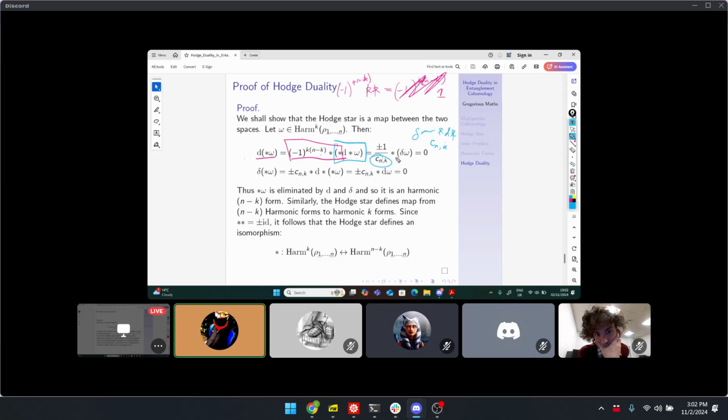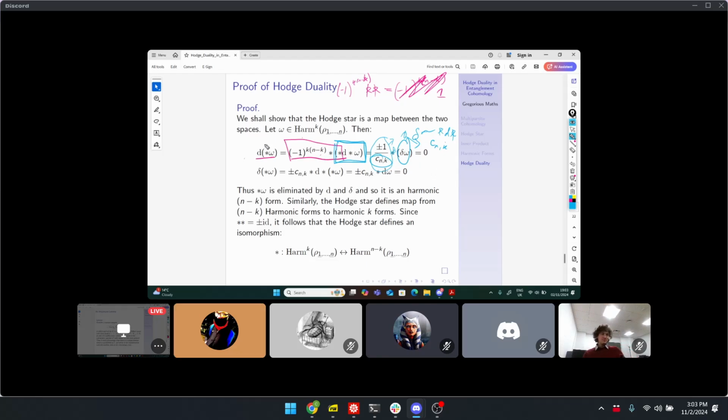And they're defined explicitly in the paper. But essentially, the coefficients themselves don't matter. Essentially, what we have is that this part here becomes delta omega. We're still left with some sign divided by some coefficient, and then we also have to take the Hodge star. But because we've assumed that omega is harmonic, this thing here is 0. And so it doesn't really matter what this stuff does because it's just going to give us 0 again.